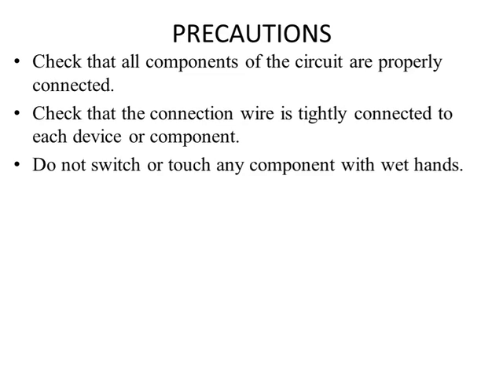After doing this experiment, you tell me "I ensured that all the connecting wires were tightly connected to each of the devices or components." The last one I wrote is do not switch or touch any component with wet hand. "I made sure that none of the components were touched with wet hand." So you report in such manner, please. Thank you.